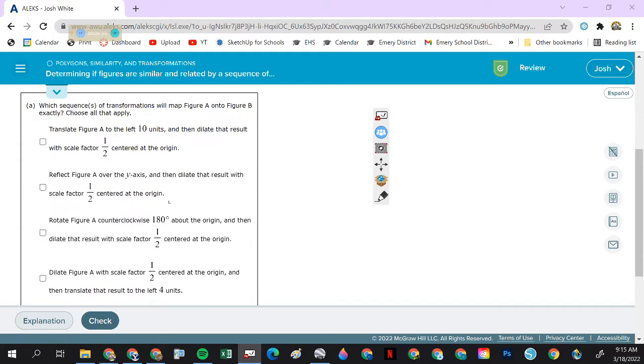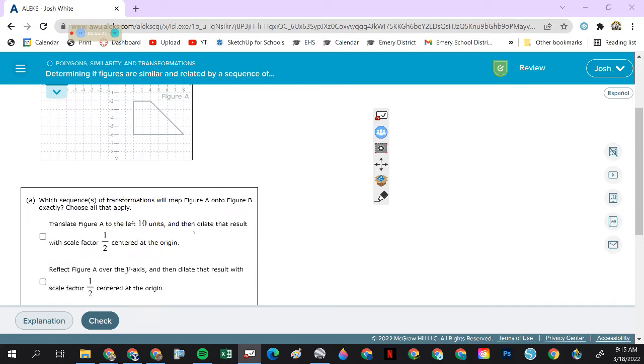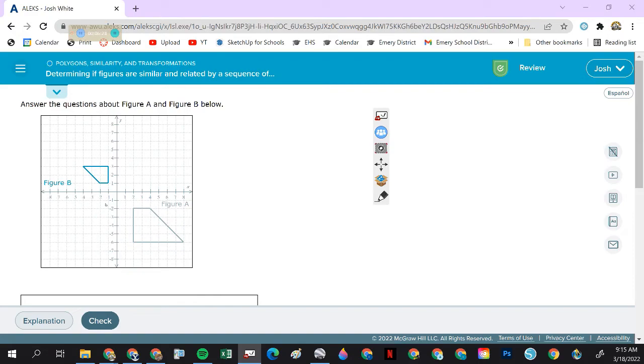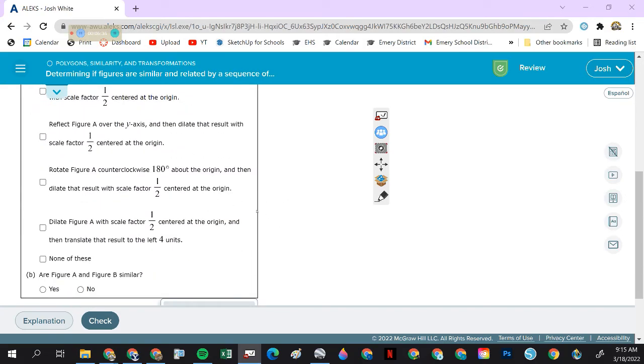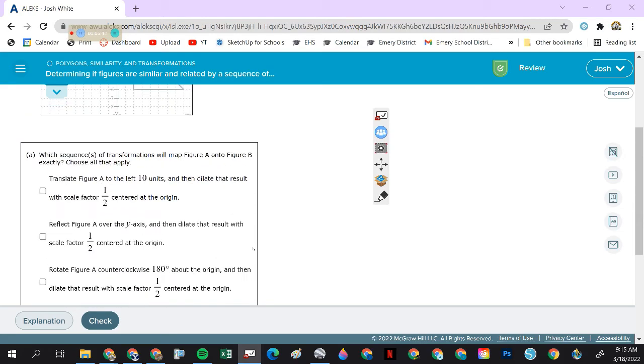Okay. Reflect A over the y-axis and then dilate 1/2 with respect to the origin. So if I flip this over and then I dilate by 1/2, which means it's going to get half as far from the origin, is that going to turn this shape into that shape? No. Okay. Rotate the figure counterclockwise 180 degrees about the origin and then scale it by 1/2.